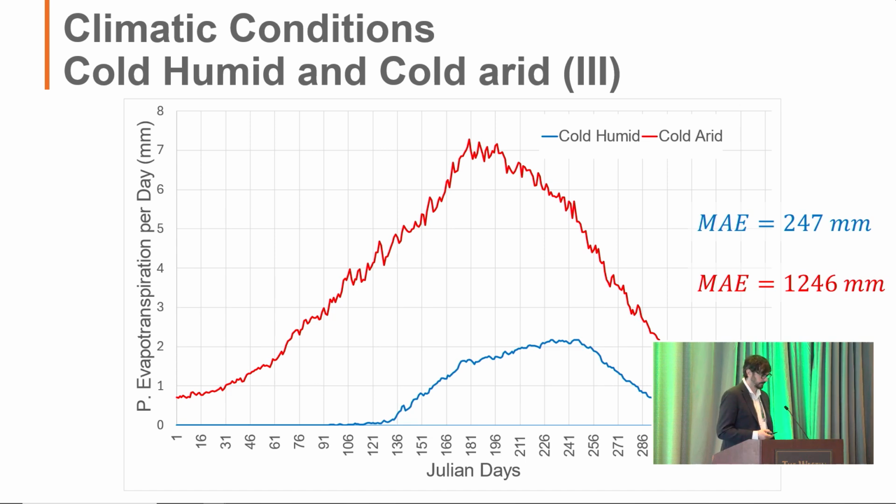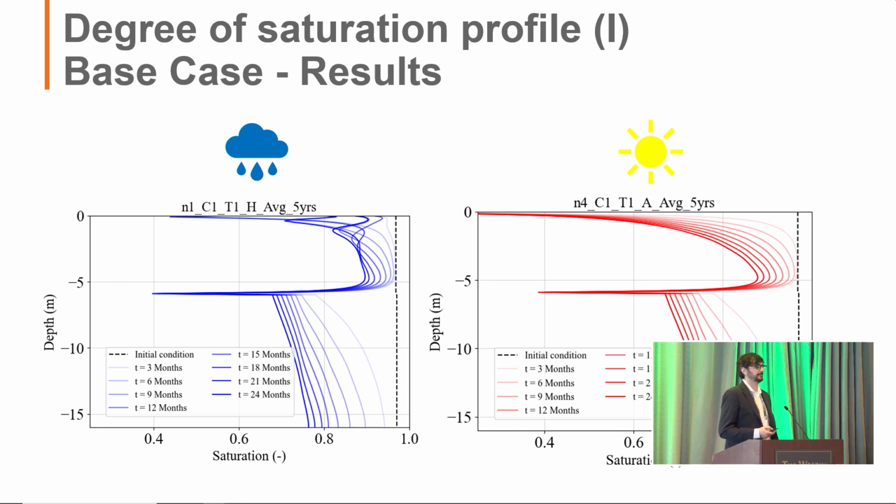So, going to the results, what do we have? We have the degree of saturation as a result, as I said before. Here, you can see to the left the scenario of a cover in a humid scenario, and to the right an arid scenario, right?